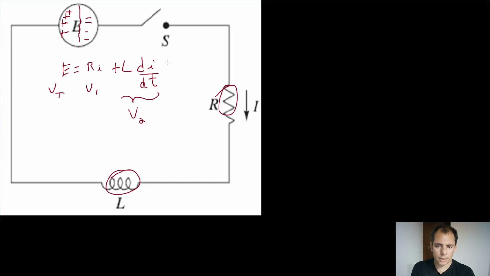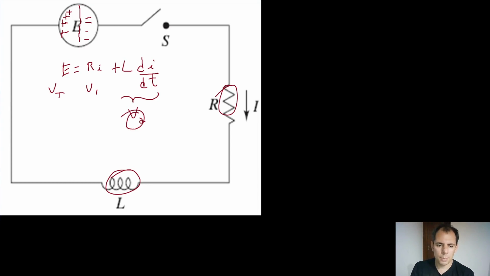Okay, but at one point the current is going to stabilize. It's not going to go up or down. It's just going to stay the same. When it stays the same, this thing here becomes zero because there's no change in current with respect to time anymore. The change is zero.